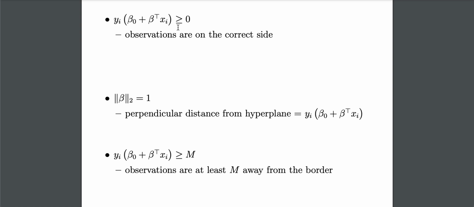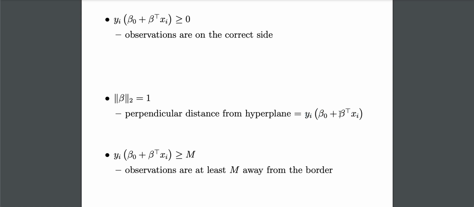This is about observations being on the correct side. Again, this makes sure that the data is linearly separable. This constraint makes sure that the perpendicular distance from the hyperplane is given by this quantity.